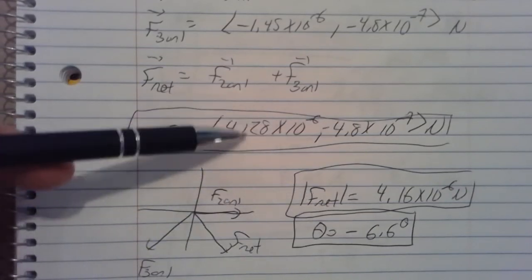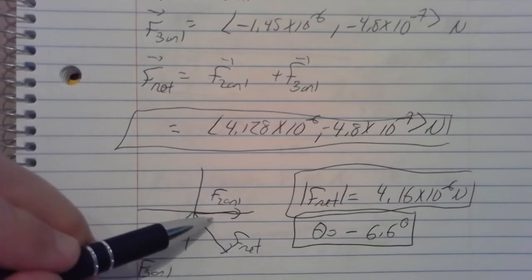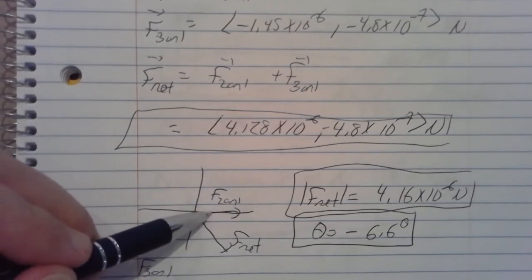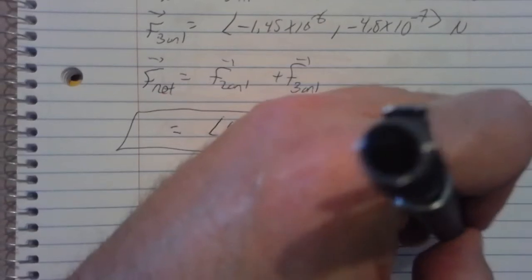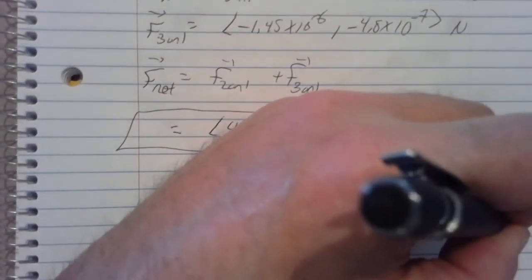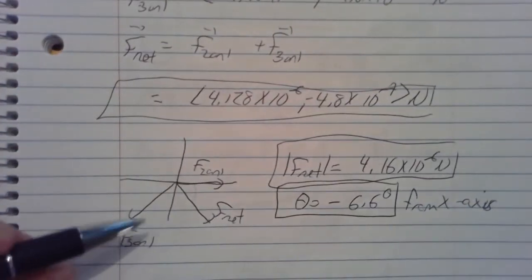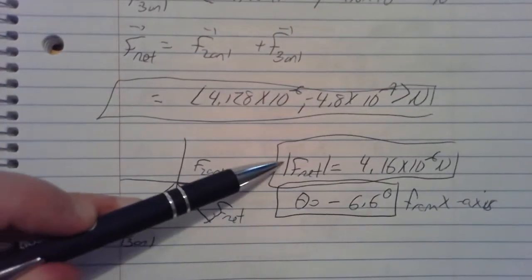To find the direction, use trig, do an arctangent. We get a 6.6 degree angle right here from the x-axis. Remember, when you're giving direction, you always have to say from something. Okay, so that will be my net direction and force.